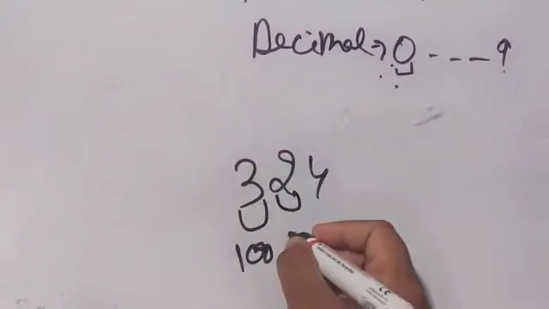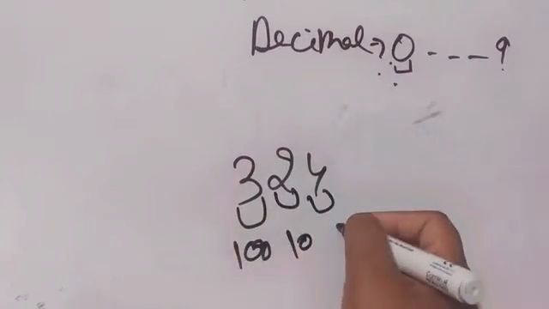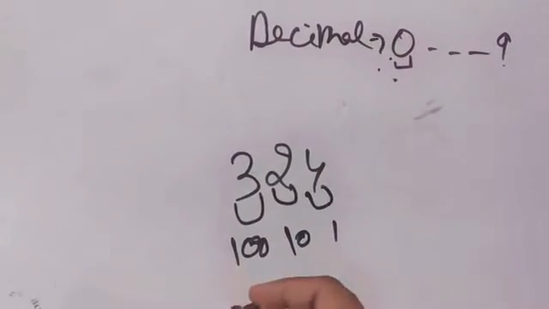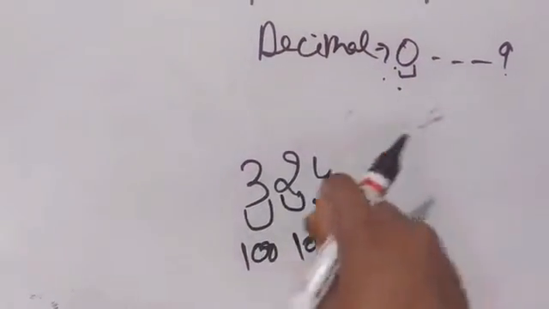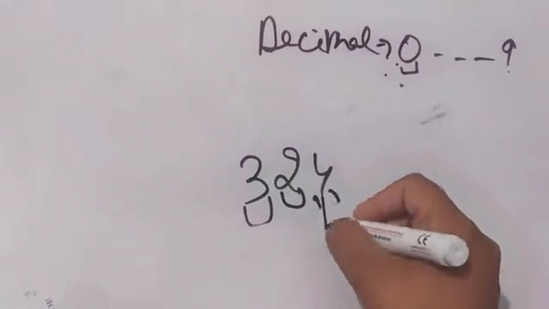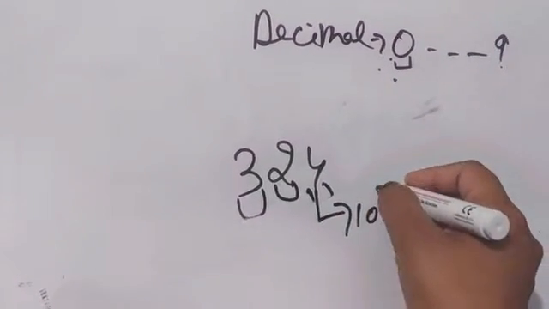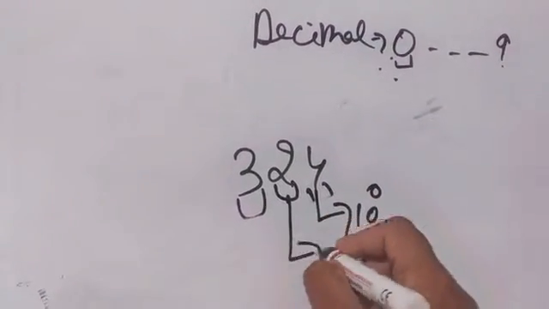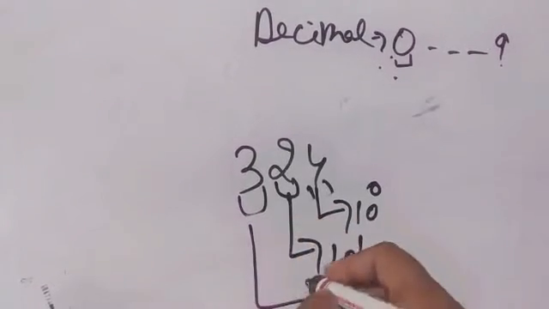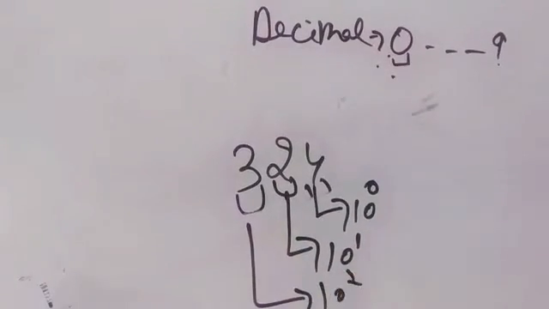20 is on the tens place, 4 is on the ones place, right? So how will you write its position? This is on the 10 power 0 position, this is on the 10 power 1 position, and this is on the 10 power 2 position.